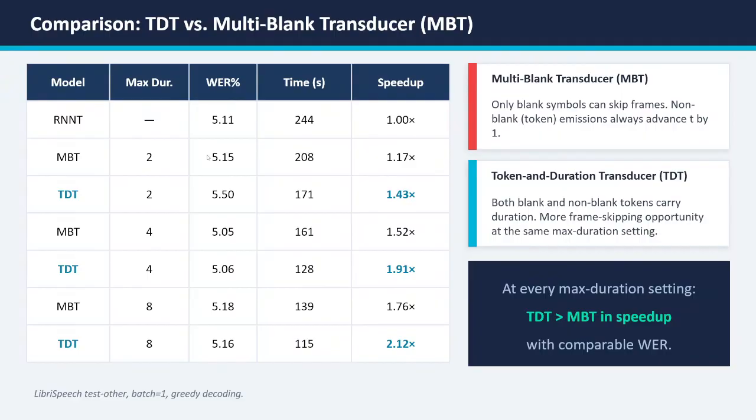TDT, however, allows skipping on every step, regardless of the output. Experiments prove that at the same maximum duration setting, TDT's speedup is significantly better than MBT's. This proves that TDT's design, which allows text tokens to also carry duration, is the superior approach.